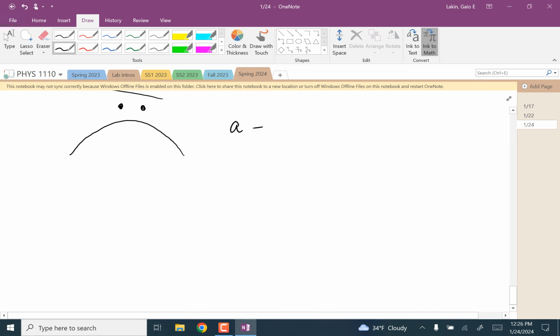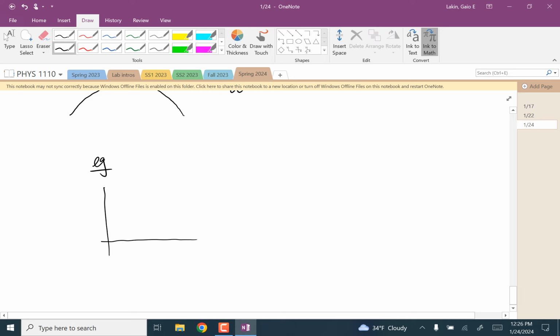Okay, so for example, let's say our position versus time graph looks like this, okay? And let's choose a couple points. So let's say there's one and there's one.